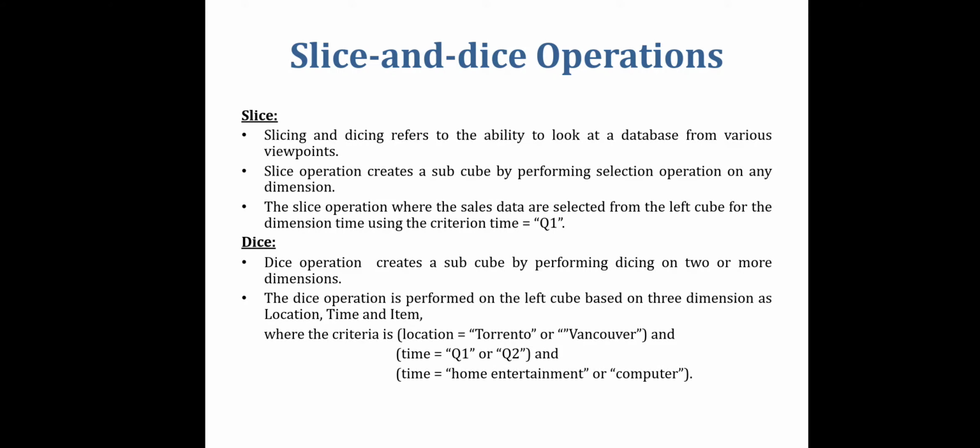Whenever we want to perform the dice operation on the left cube based on 3 dimensions, suppose we want to work on location, time and item, but from location I have to consider only 2 locations, from time only 2 quarters, and from item only 2 item types. So, this may happen that we are considering all of the dimensions with a minimum or required attribute.